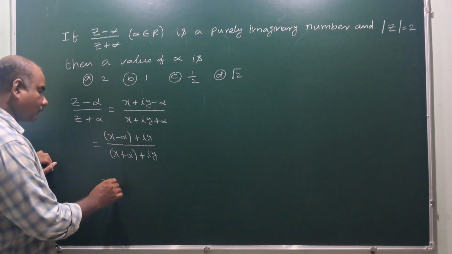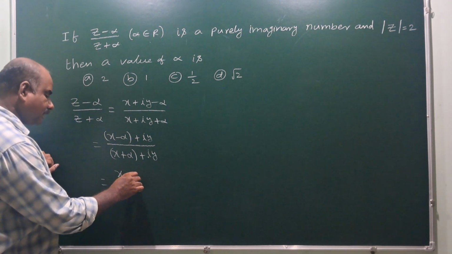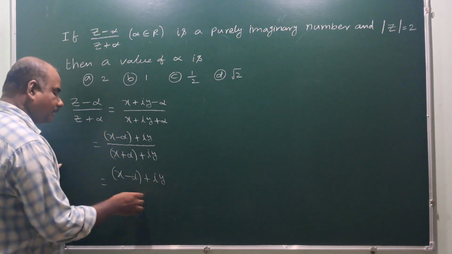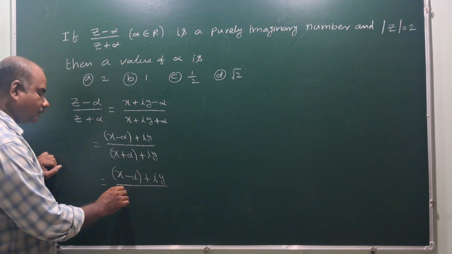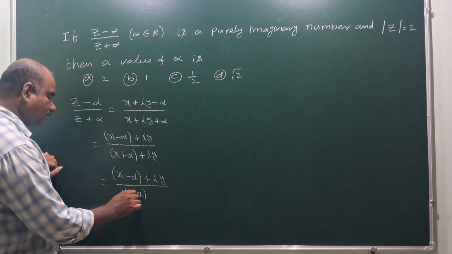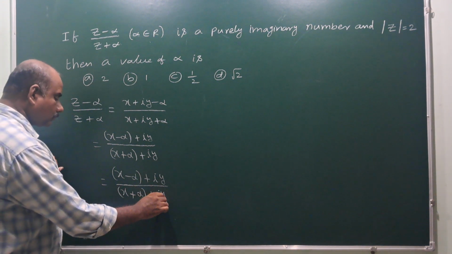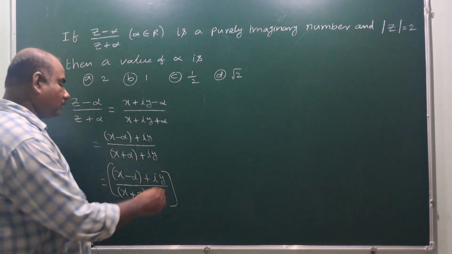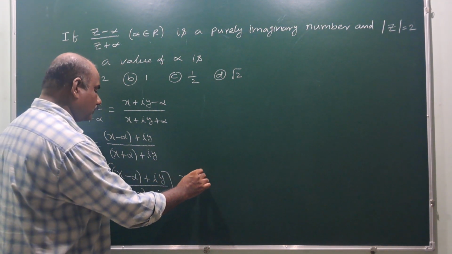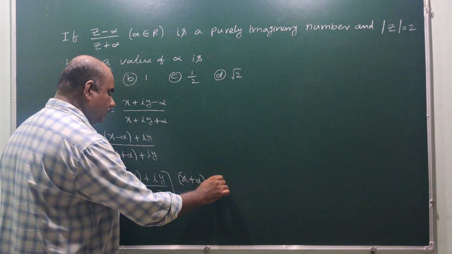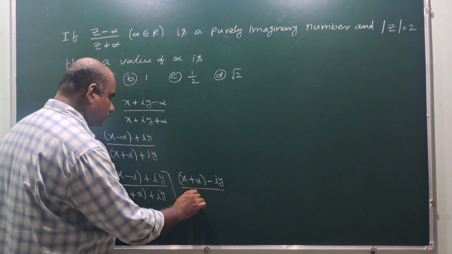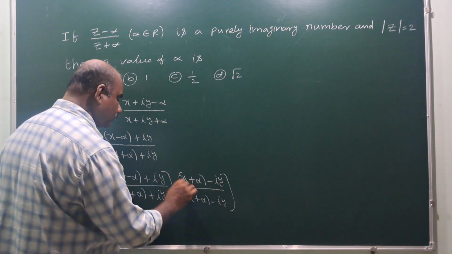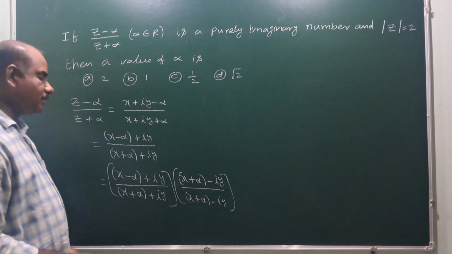The conjugate of the denominator x plus alpha plus iy is x plus alpha minus iy. So we multiply by (x plus alpha minus iy) by (x plus alpha minus iy). Okay, so this is rationalization.